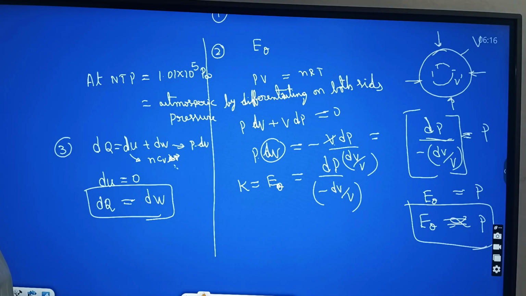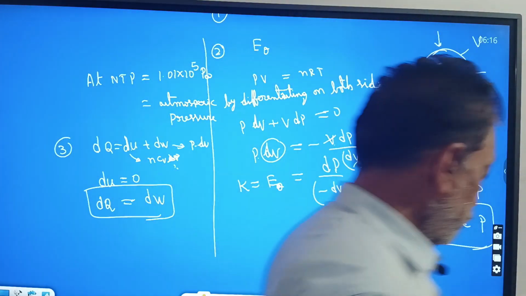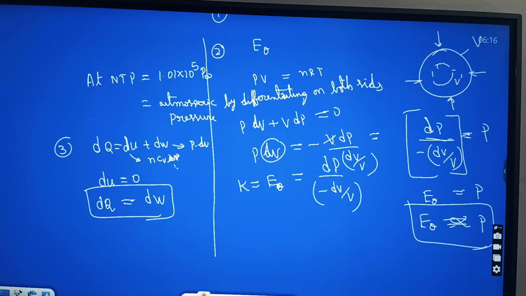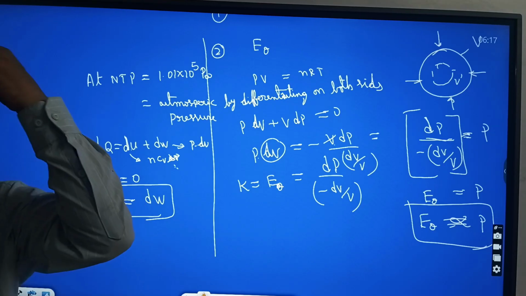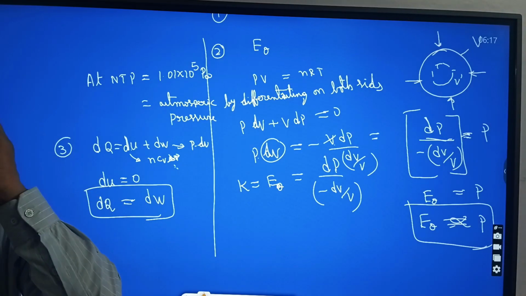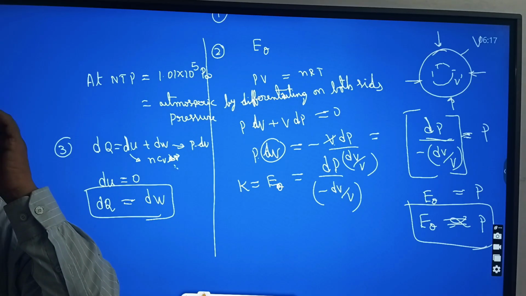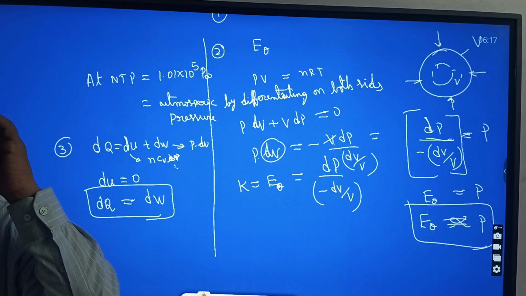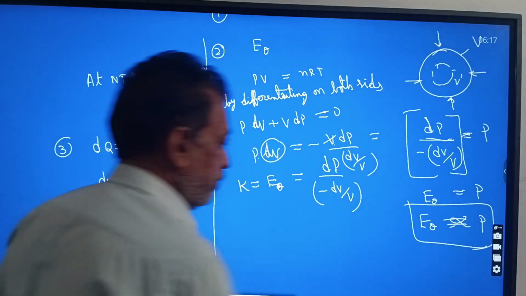Take a small problem. Right. 1 mole of O2 gas having a volume 22.4 liter at 0 degree centigrade and one ATM.